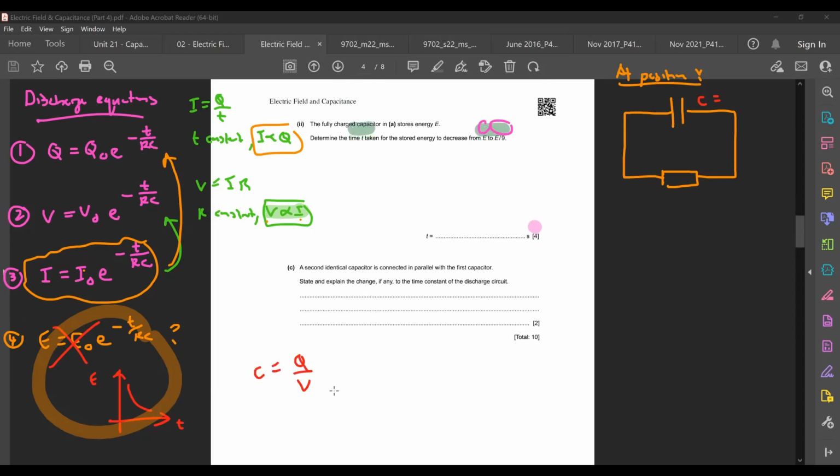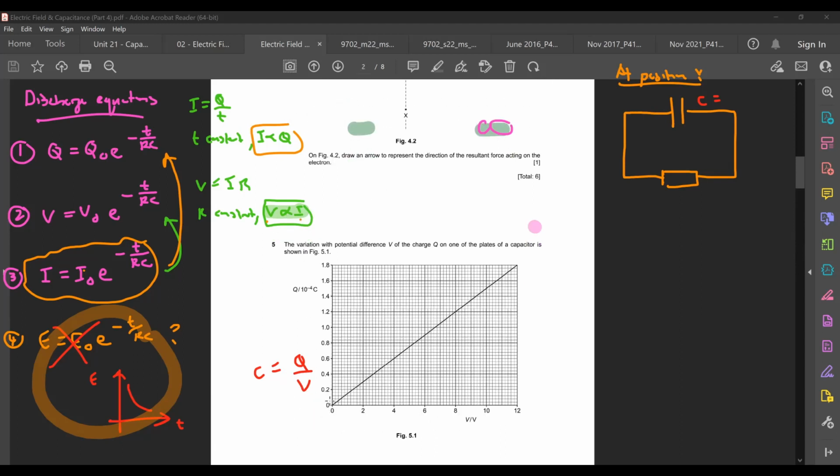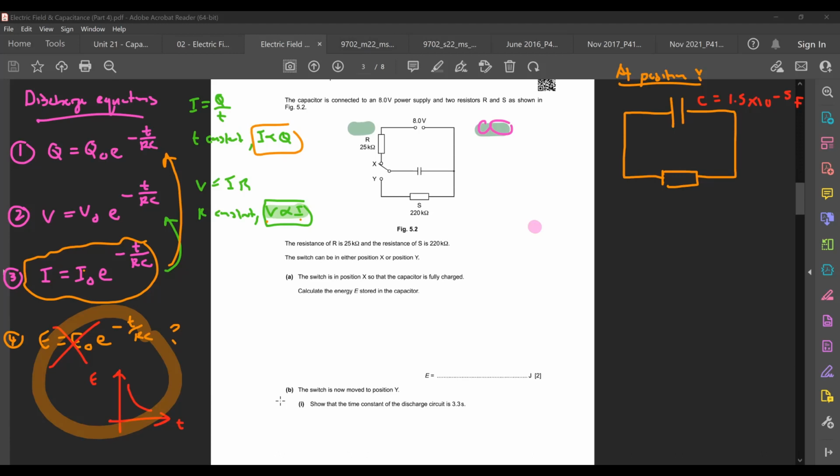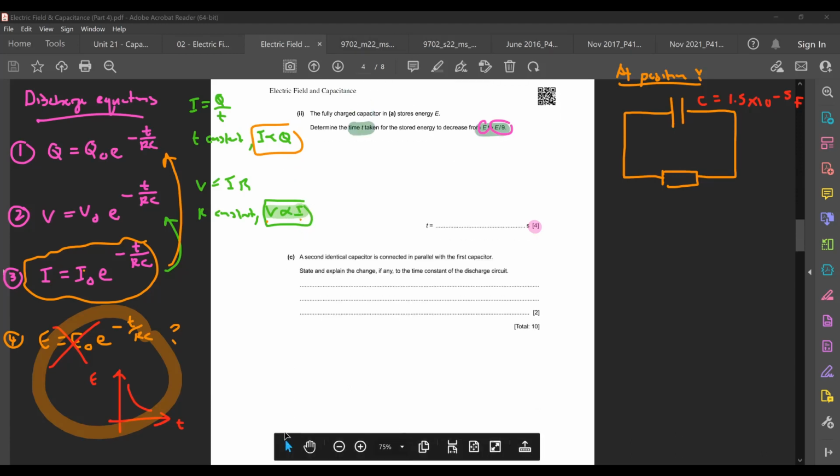Q over V, this one should be 1.2 times 10 power minus 4 divided by 8. If I'm not mistaken, the capacitance value that I found just now was 1.5 times 10 power minus 5 farad. Because I calculated this very quickly, just let me know if I calculated it wrongly. So that was your capacitance value.